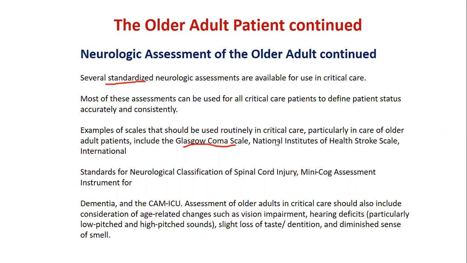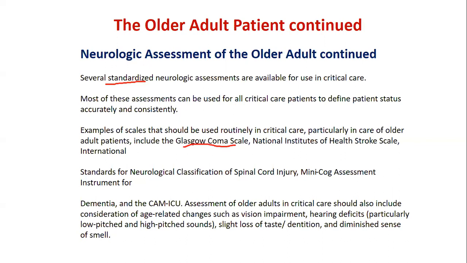One is called the National Institutes of Health Stroke Scale, the international standard for neurological classification of spinal cord injury, and one is called the Mini-Cog, a cognitive assessment instrument for dementia, right? So the Mini-Cog is basically an instrument for administering and scoring the older patient's cognitive impairment.